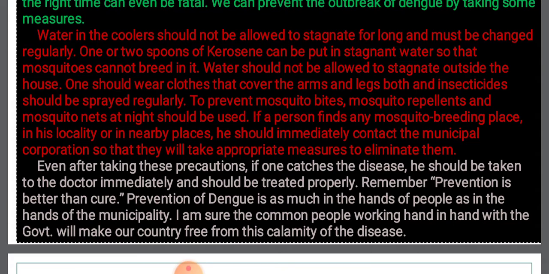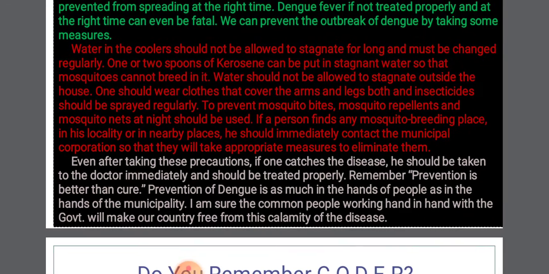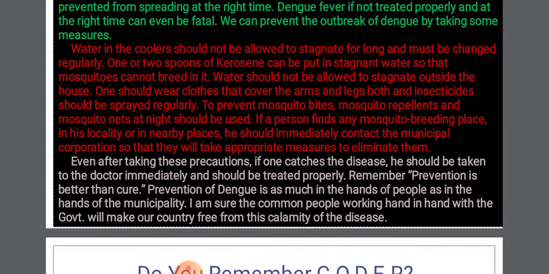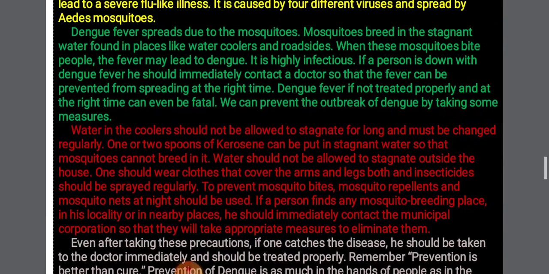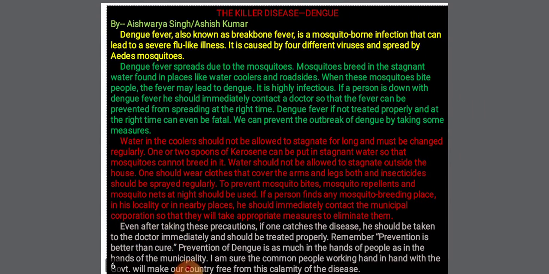I am sure the common people working hand in hand with government will make our country free from the calamity of the disease. So this is the article. Here we have shown a positive note at the end. So you can consider this one compact write-up on the topic, the killer disease dengue.